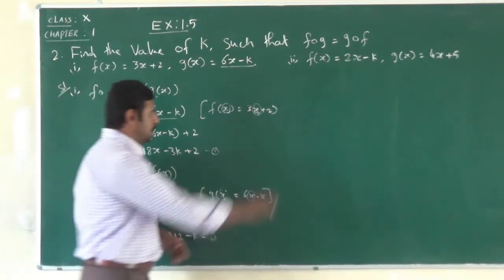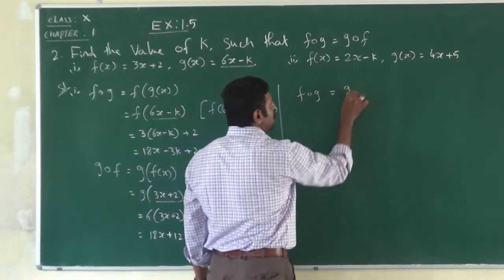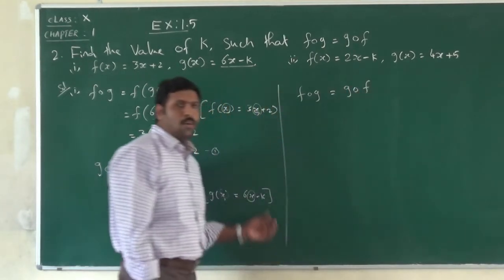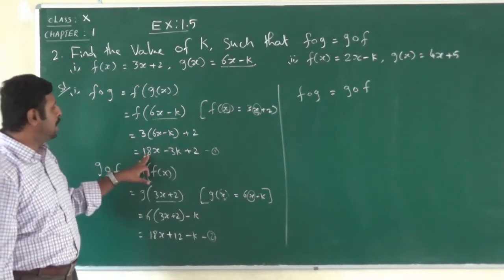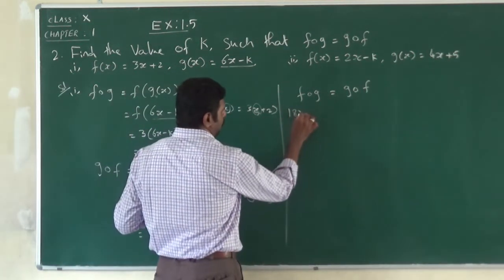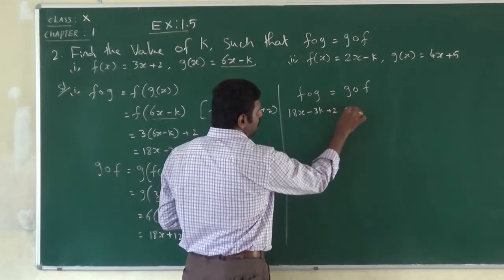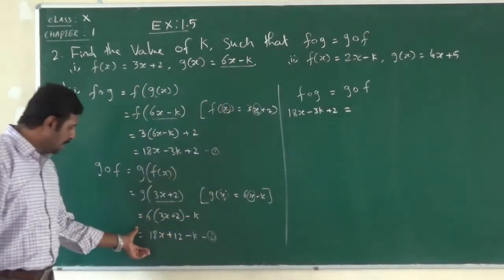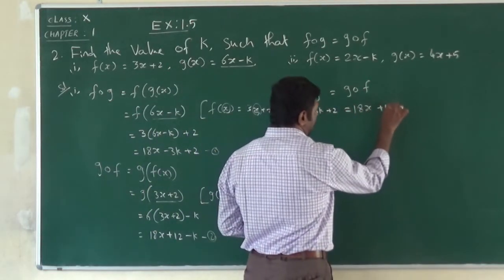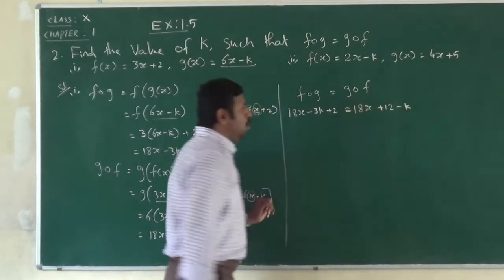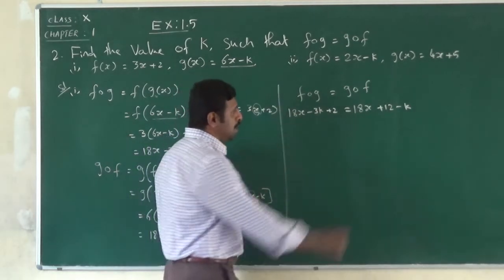Now the given condition is f composition of g is equal to g composition of f. Both terms are equal, so LHS equals RHS. LHS is 18x minus 3k plus 2, and RHS is 18x plus 12 minus k. Now take the x variable to one side and the constants to the other side.